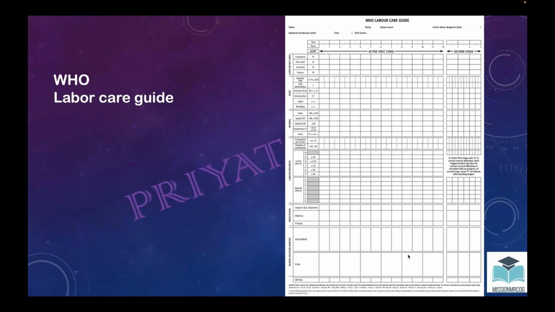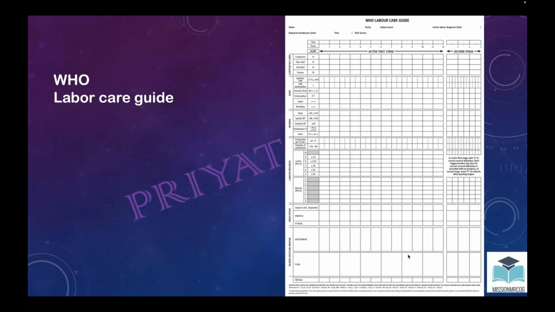And if we find any alert findings, then we'll circle it, so we can see it clearly. Okay, next is baby's findings. We'll see the baby's baseline heart rate. Normally we'll see it for 1 minute, and we'll try to see it after contraction.